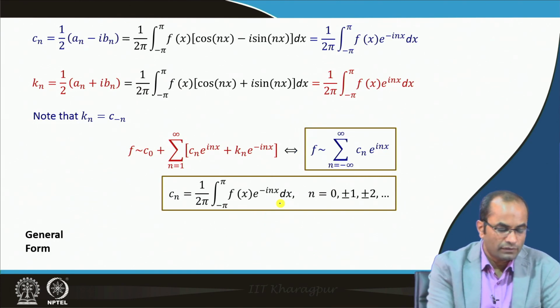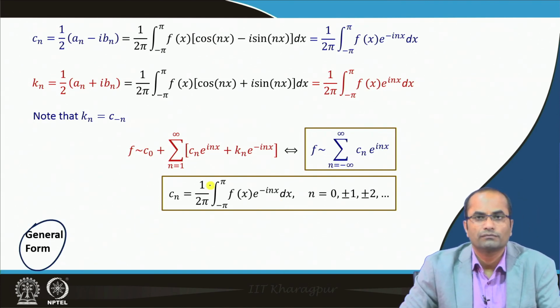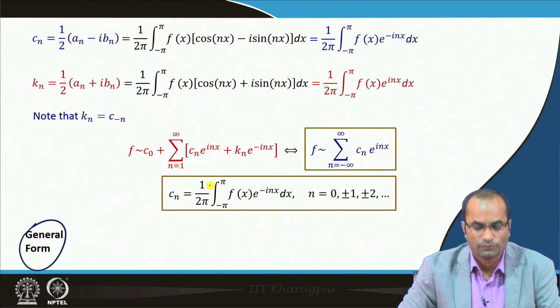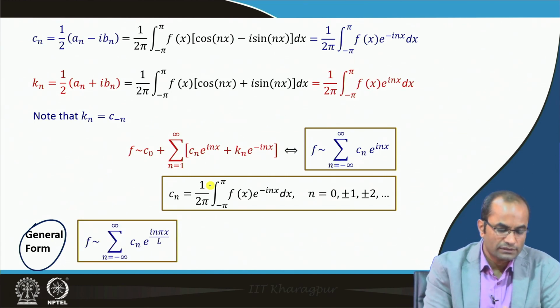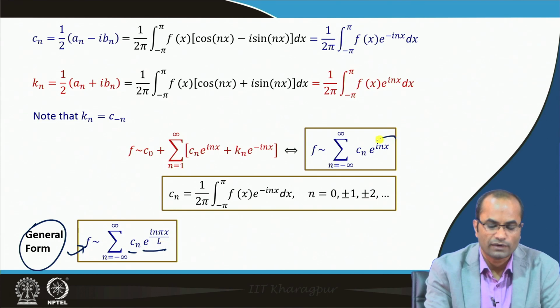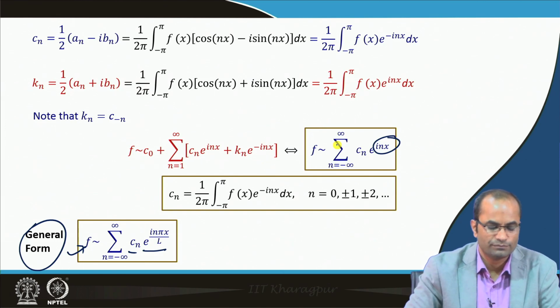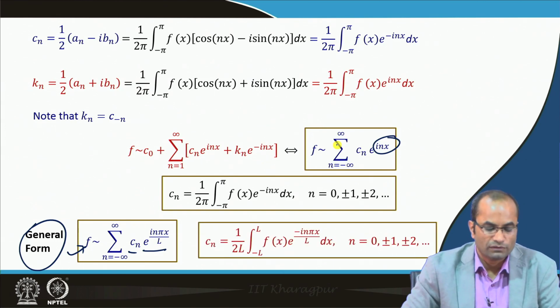So, we can write a general form, general in the sense when we have the interval from minus L to plus L, for instance. So, there will be a slight difference. The function f can be written down in this Fourier series c_n, and e power, instead of i n x, we have i n pi x over L, as usual as we have done before for this general form.